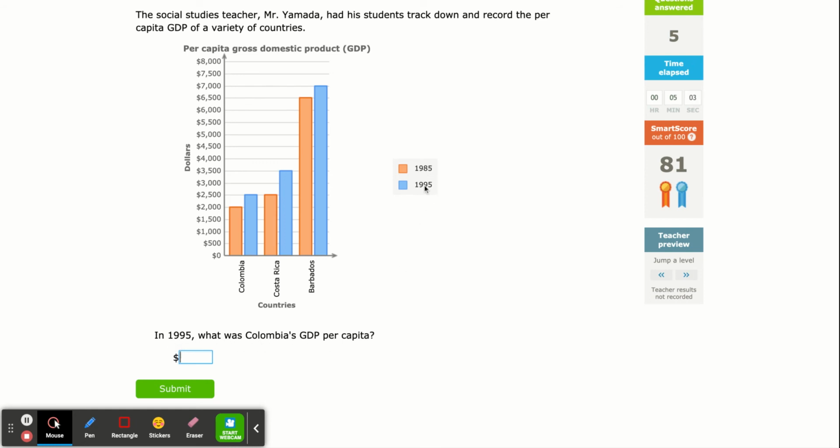So 1995 is blue. That's this little table over here, the label of the table. And then we go to the blue, and we go to Columbia. Columbia, blue, we go up to the top. 2,500 was the total gross domestic product.